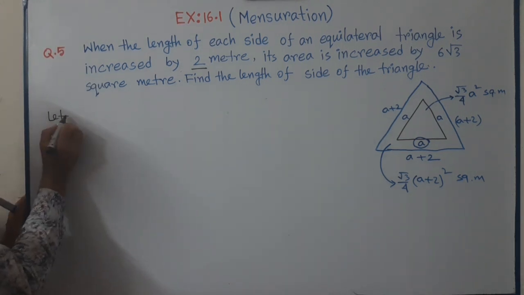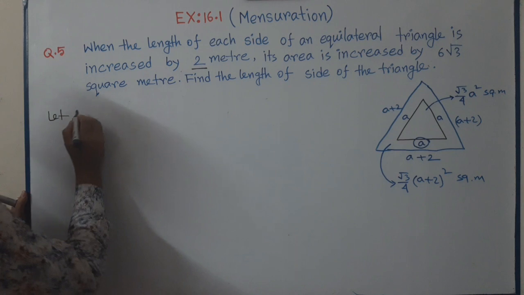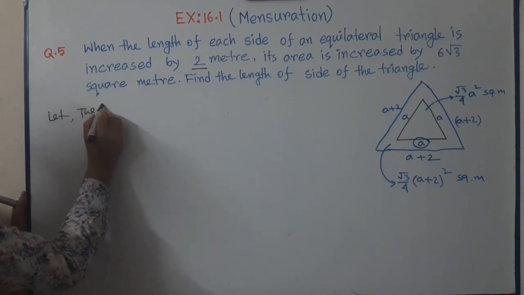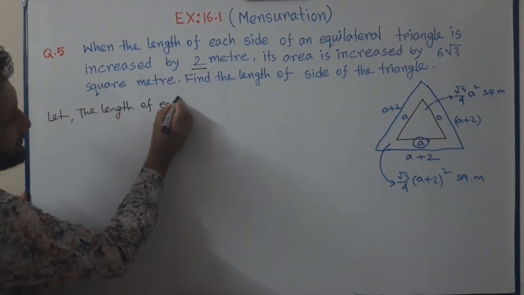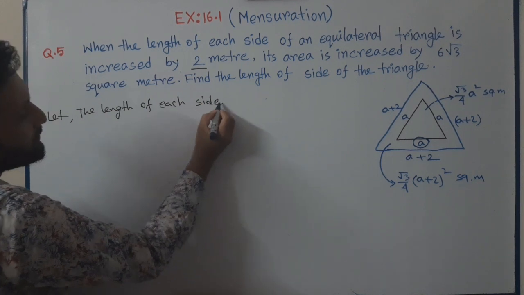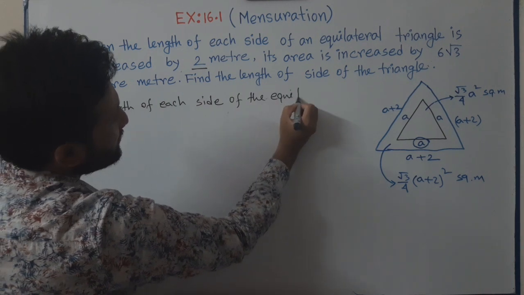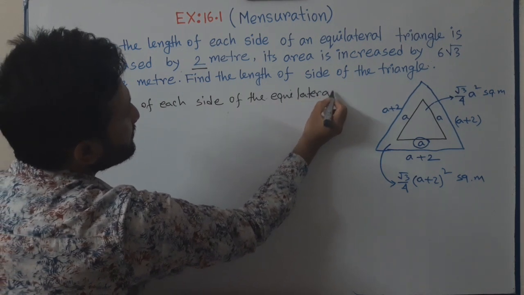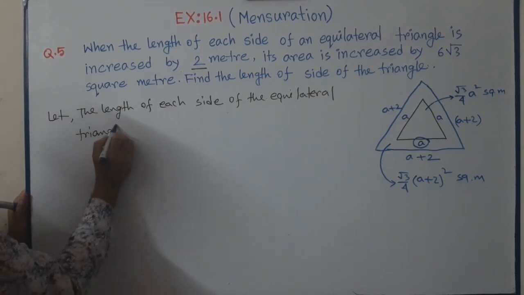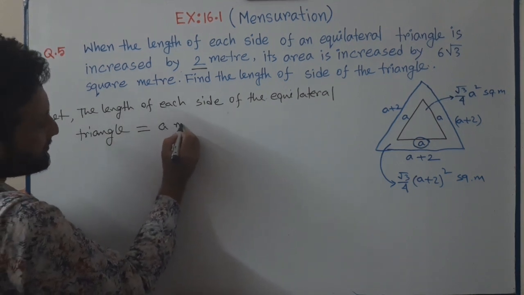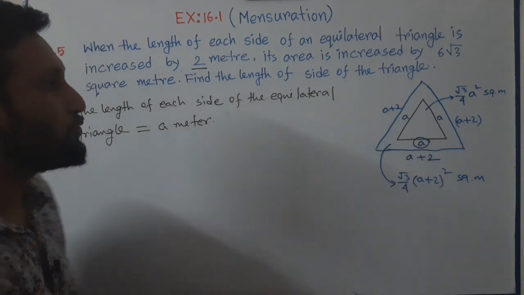Let the length of each side of the equilateral triangle be A meters. So the area of this triangle is root 3 by 4 A square.